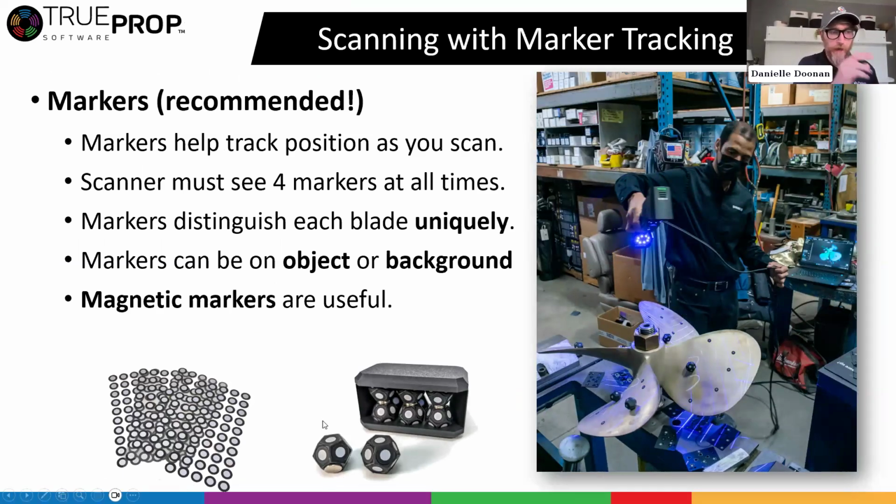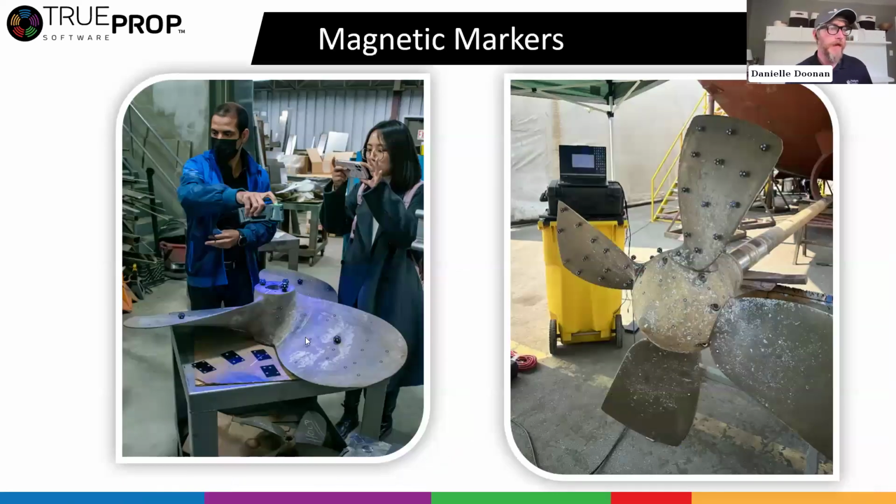And the nice thing is they've got a couple dots on them. So if you can see one of those markers, the scanner can track. Again, magnets make cleanup easy. We actually have a big magnet and we wave it over the little magnets and it just picks them all up off the prop for us, which is great when you're scanning a 14-foot prop.